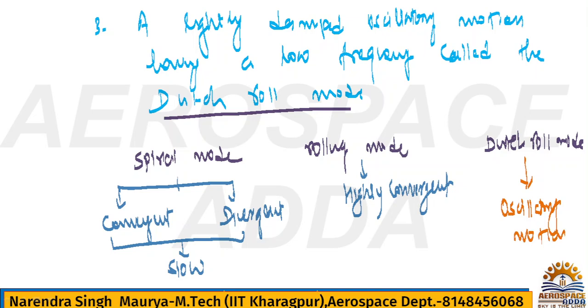They will give three different names: directional divergent, spiral divergent, and Dutch roll. So they will ask which one is the oscillatory motion. Only Dutch roll is the oscillatory motion. These two are not oscillatory motion.